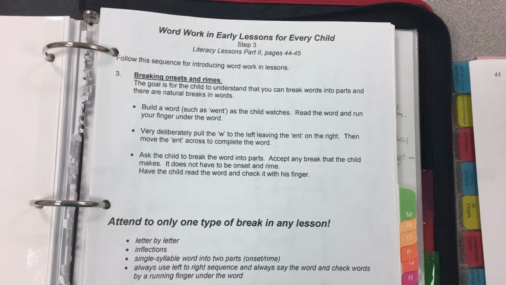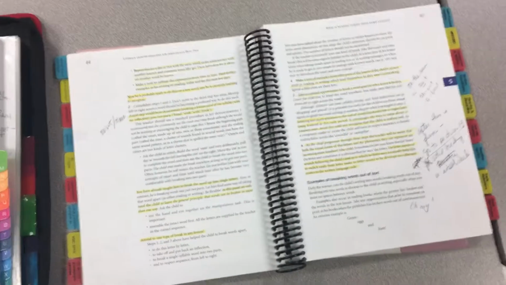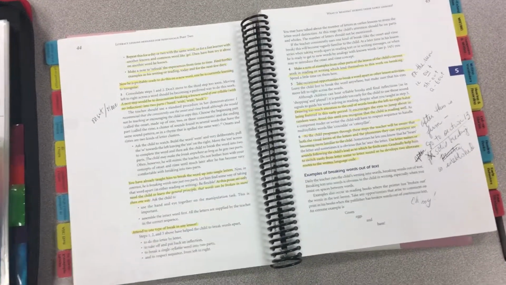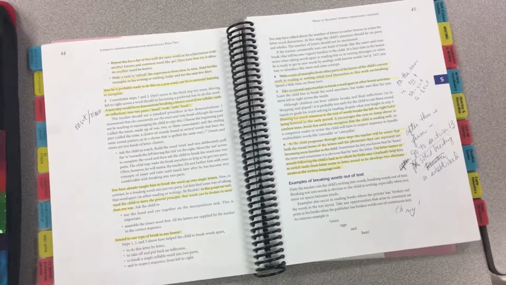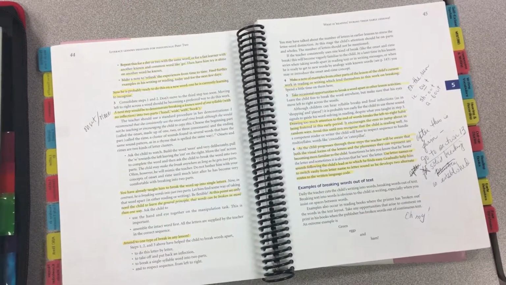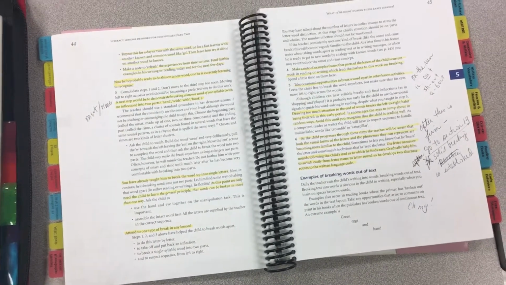And in the LL2 book, pages 44 to 45, I'm looking in the older version of the book, so I'm not quite sure where the onset rhyme information is in the new book, but in the old one, pages 44 to 45 have information about onset rhyme break.